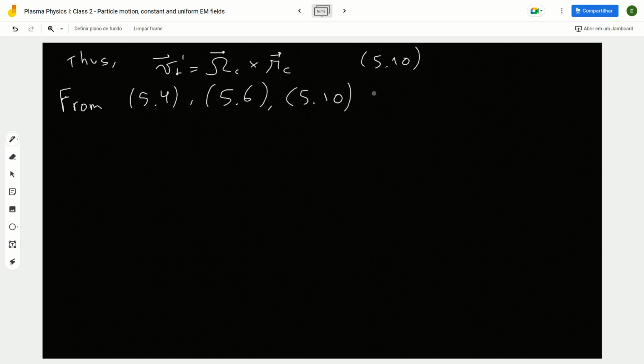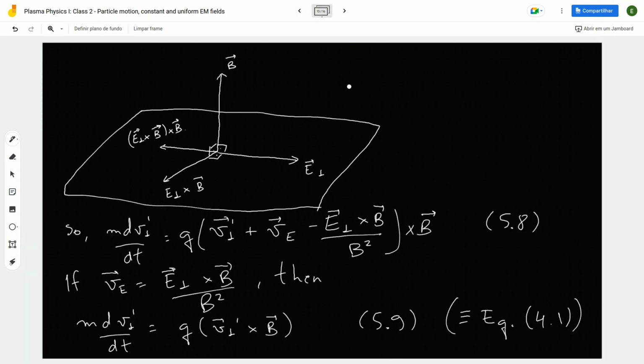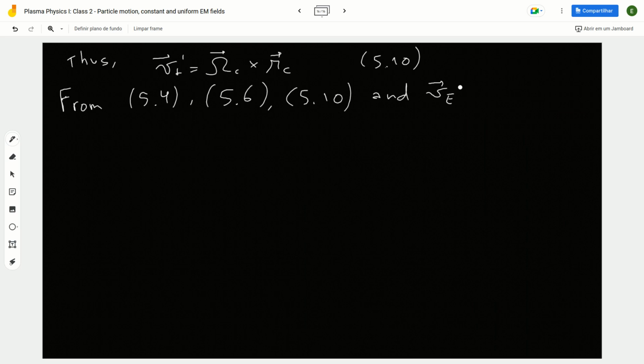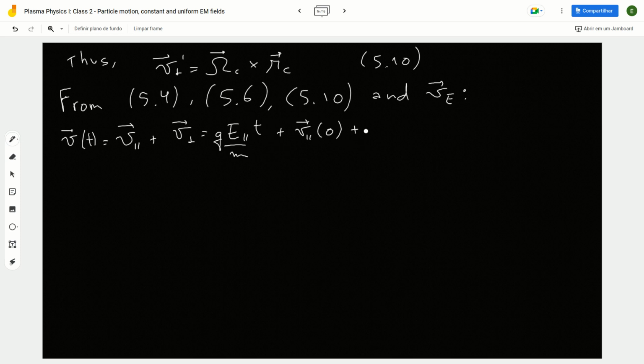VE is here, I didn't put a number on it. So we have V equal to V parallel plus V perp, which is Q E parallel t over m plus V parallel 0, plus omega c cross rc, plus E cross B over B squared.